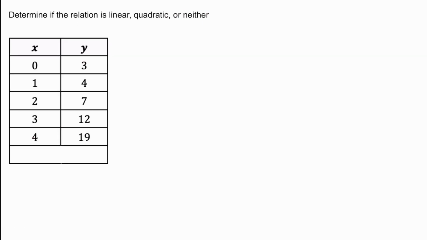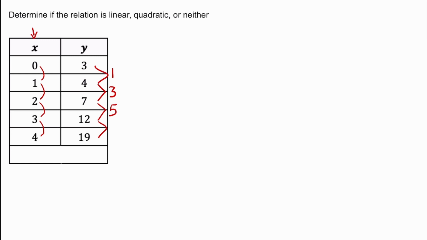So let's go through another example. Looking at our x values, we see that it's always increasing by 1, which is good. Looking at our y values, the difference of 4 minus 3 is 1. 7 minus 4 is 3. 12 minus 7 is 5.